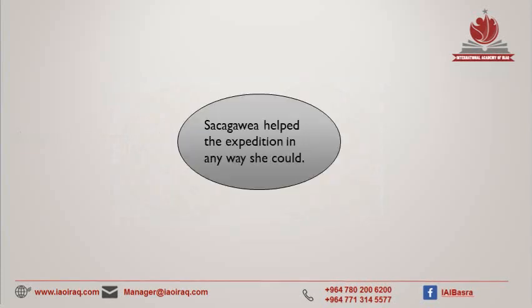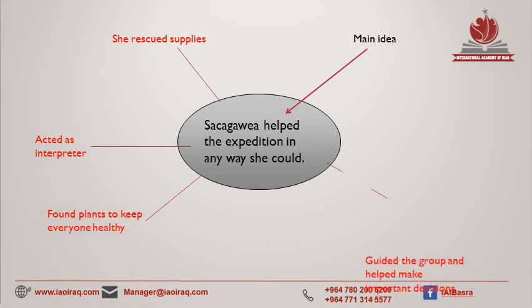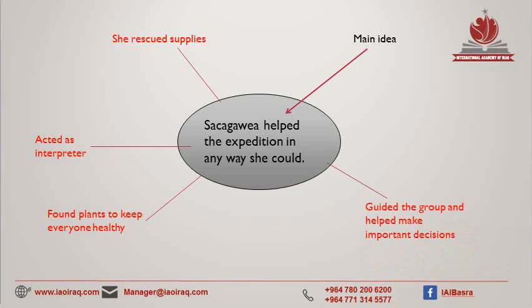Anyway, so the main idea I'm going to pick is Sacagawea helped the expedition in any way she could. So that is the main idea. Now, I'm going to look at supporting information. She rescued supplies, acted as interpreter, found plants to keep everyone healthy, guided the group, and helped make important decisions.